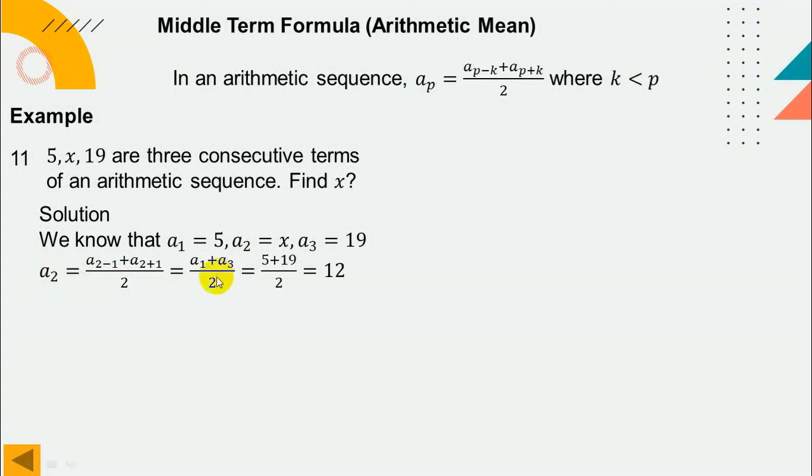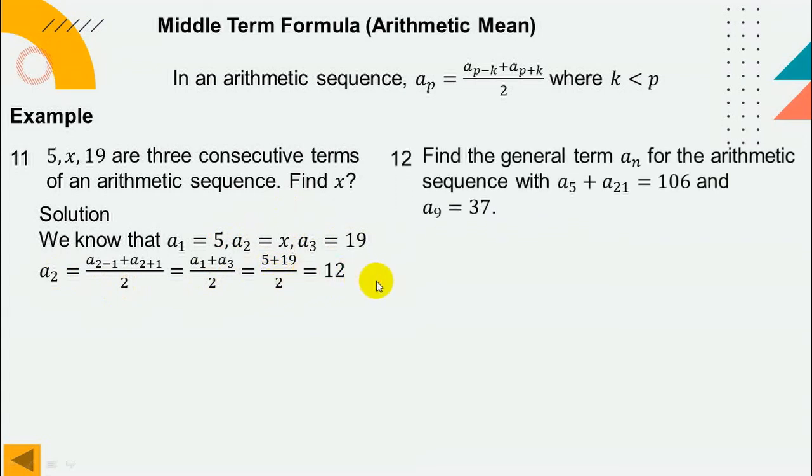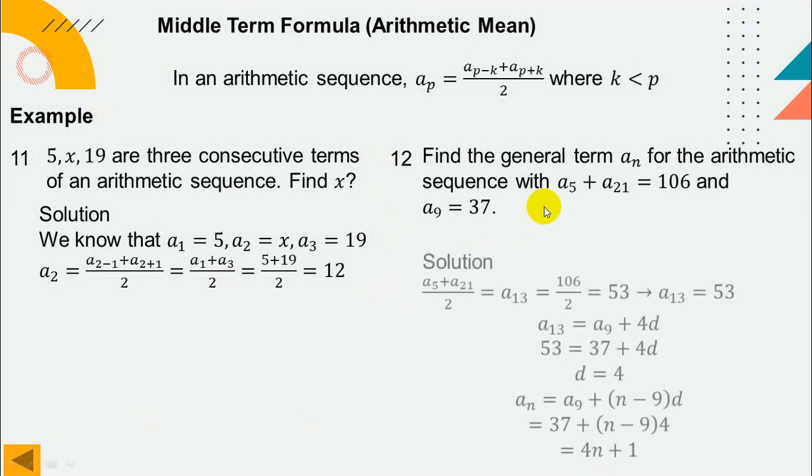So when we substitute, 5 plus 19 over 2 is 12. Okay, number 12. Find the general term An for the arithmetic sequence with the fifth term plus the 21st term equal to 106 and the ninth term equal to 37.